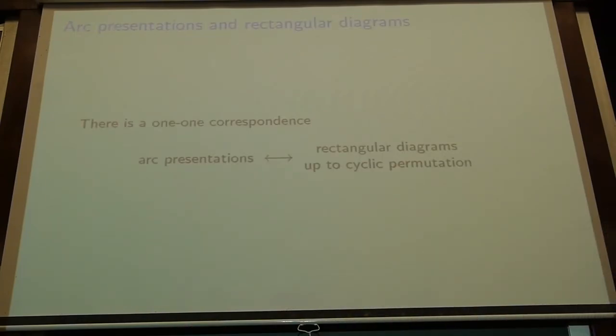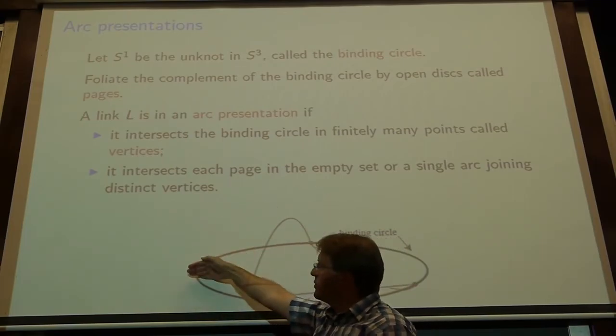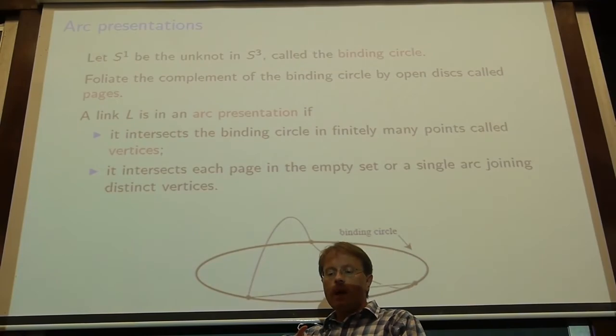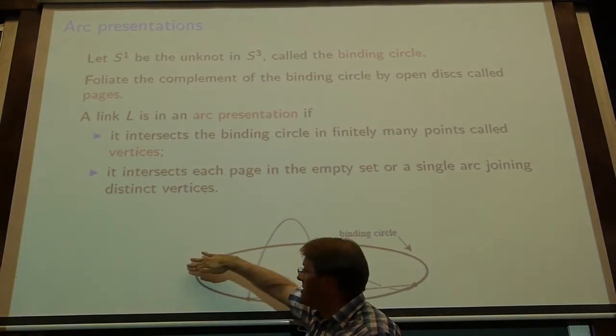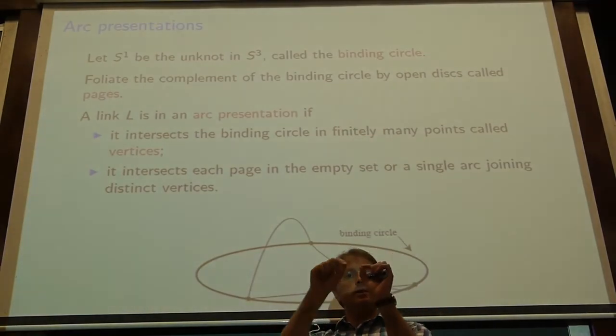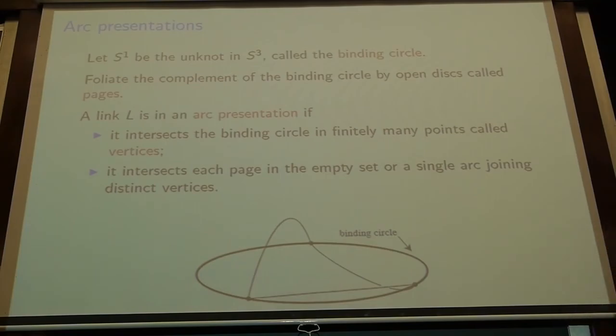What happens here is that the disk slices through the binding circle. The binding circle has these pages coming out of it, and as the disk slices through the binding circle, you see this sort of star-shaped singularity. So is Dynnikov assuming that his unknot bounds a disk to get the information? Yes. But isn't that what he wants to know?